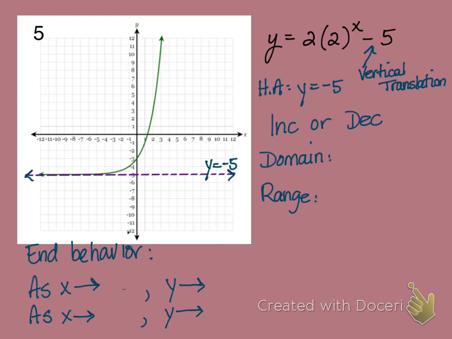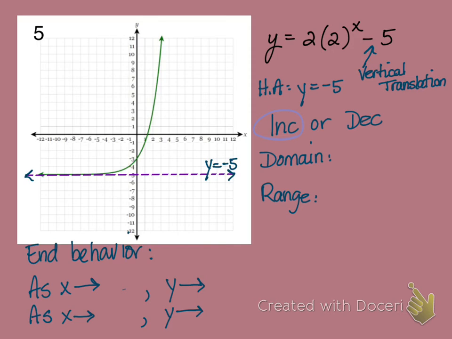This time, as we examine our graph from left to right, we notice that our y values are going to be increasing gradually, therefore telling us that we are going to increase. Did I say decrease? If I said decrease, I meant increase. So circle your increase or write it down on your chart as INC for increase. Our asymptote is at y equals negative 5.